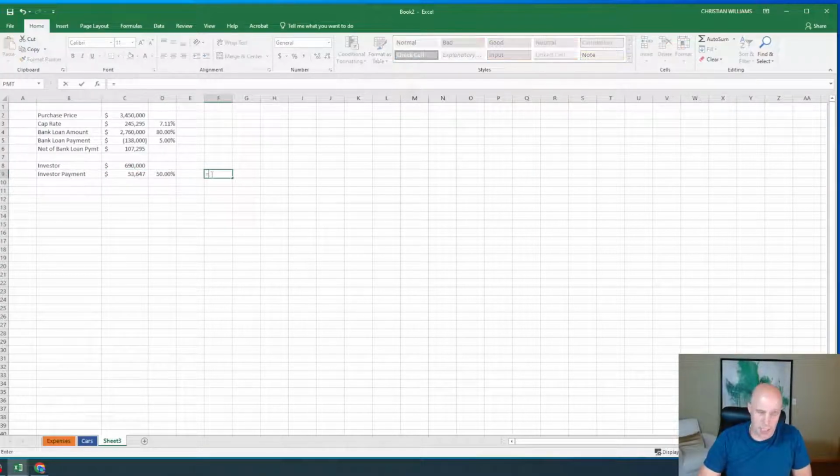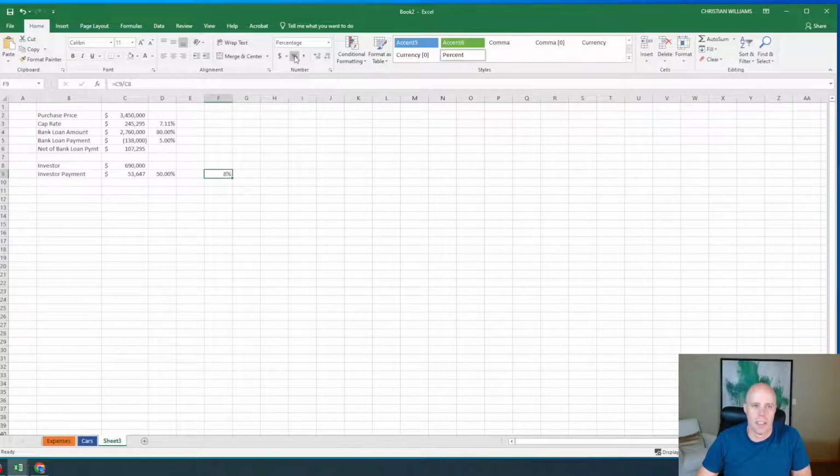Just to give you an idea, that means that they would be making, divided by that, a little over 7%, almost 8% a year, which, if this is a very secure deal, is a great return on investment for most people. Most people don't expect to get much more than that. And especially if you pass on some of the tax savings, which we won't get into here, but we do in class.